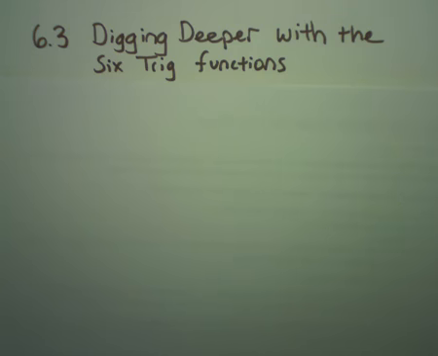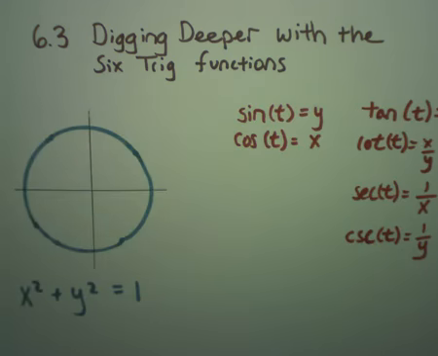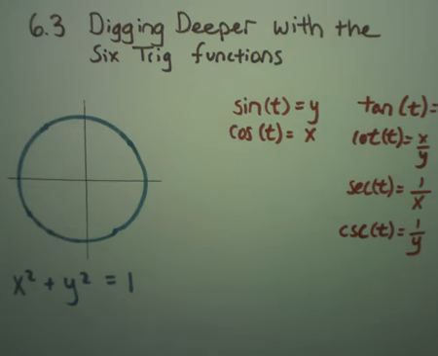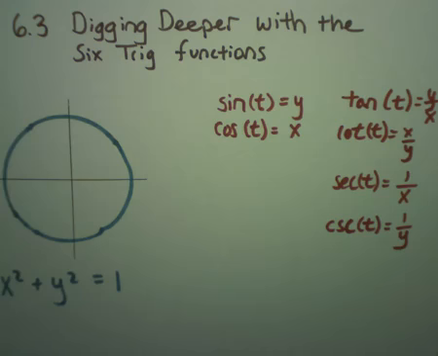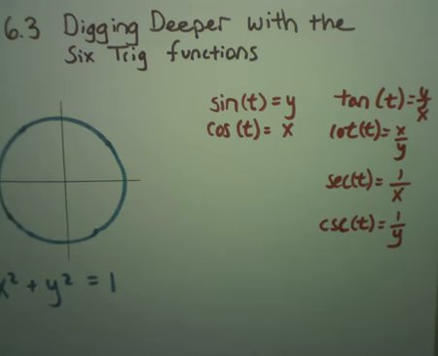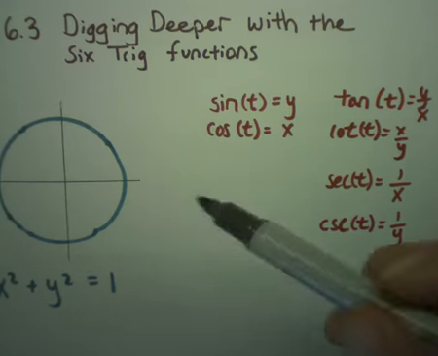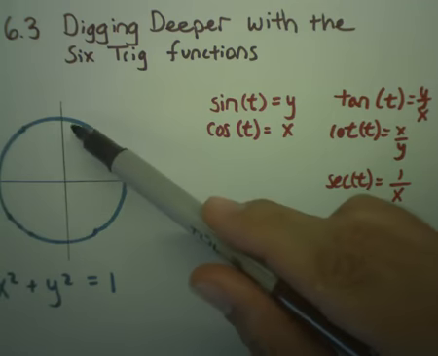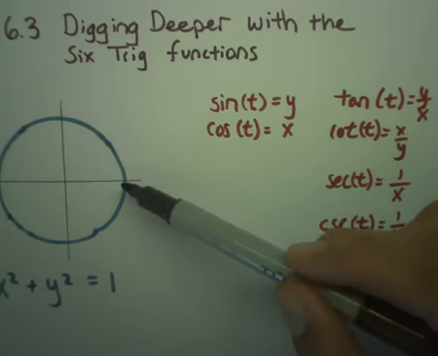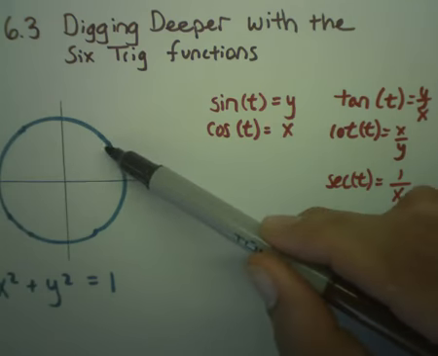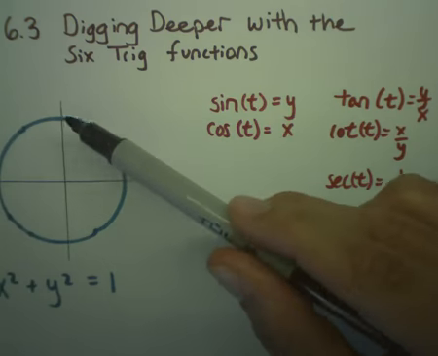Okay, so hopefully you were able to write out the six trig functions like I've got here. And hopefully you were also able to do at least this first quadrant of the unit circle. So you should have gotten 0, 30 degrees, 45 degrees, 60 degrees, and 90 degrees.